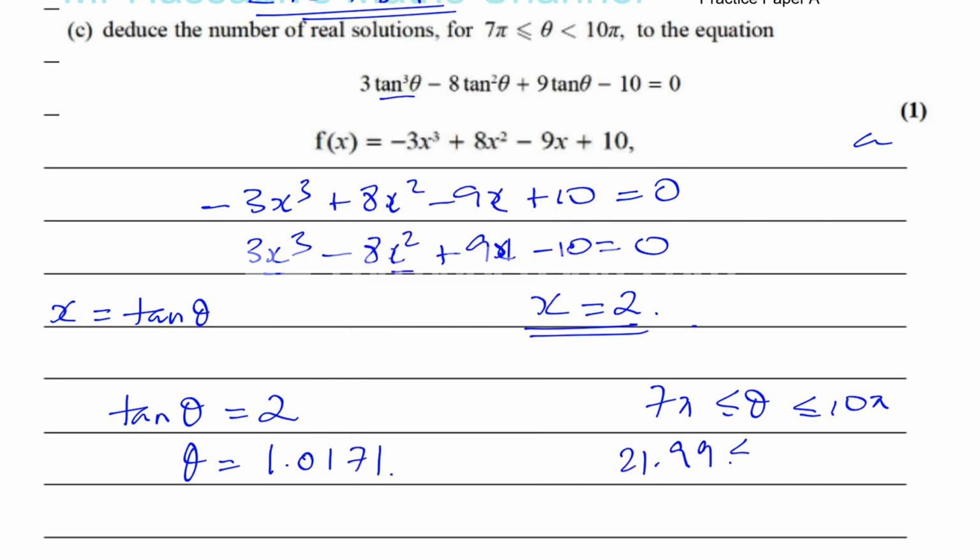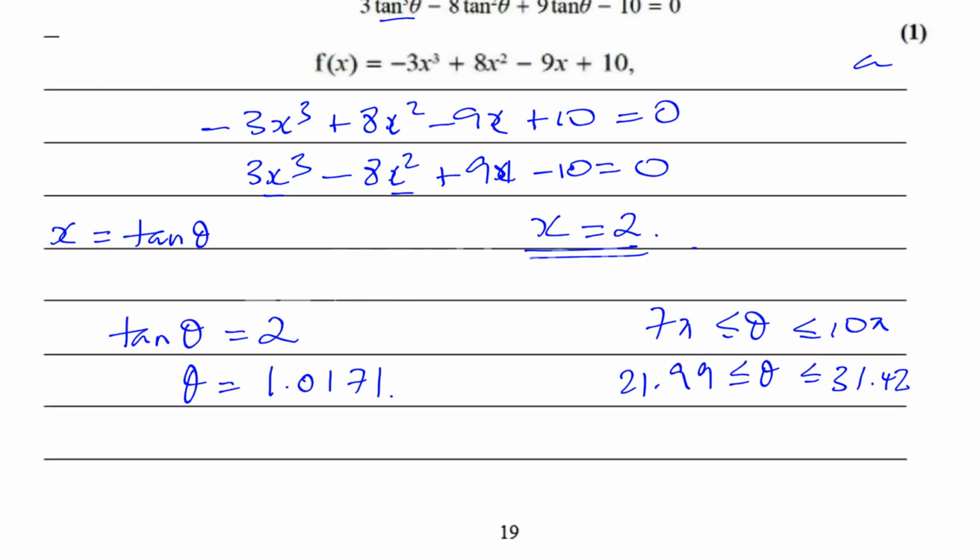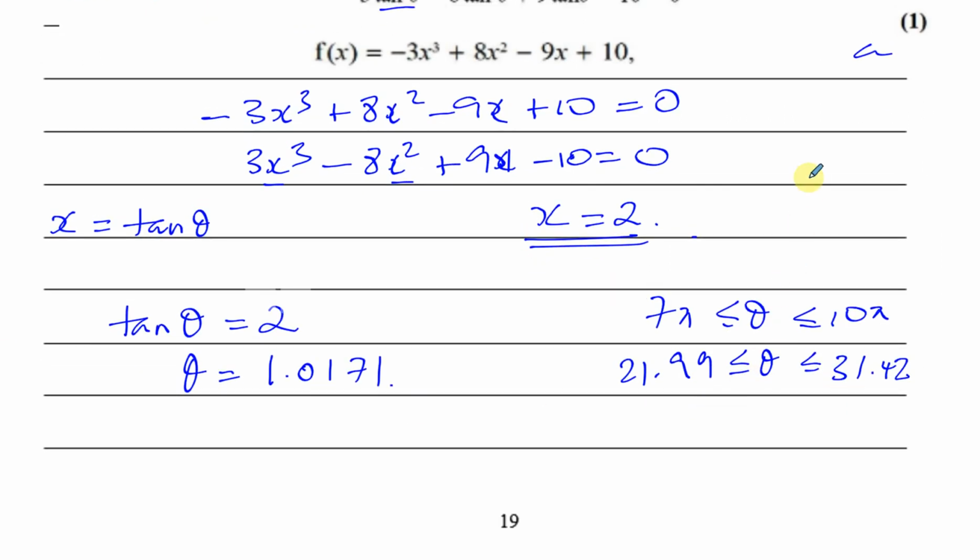And 10 pi is going to be 3.142 multiplied by 10, so it will be 31.42. Okay, in fact, this is a bit cumbersome. There's an easy way of doing it.